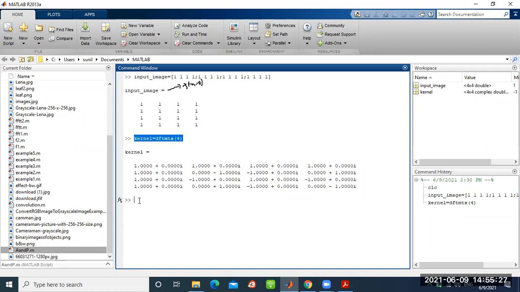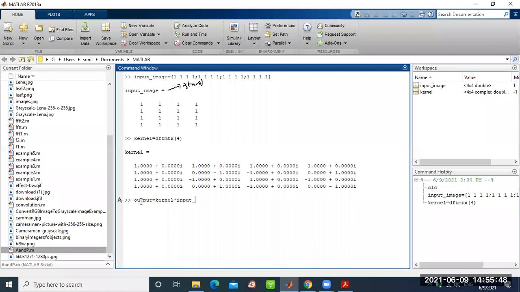Now you have to find the Fourier transform. So let me write it as output. Output equal to, what is the formula? I will write kernel into the image. Where is our image?